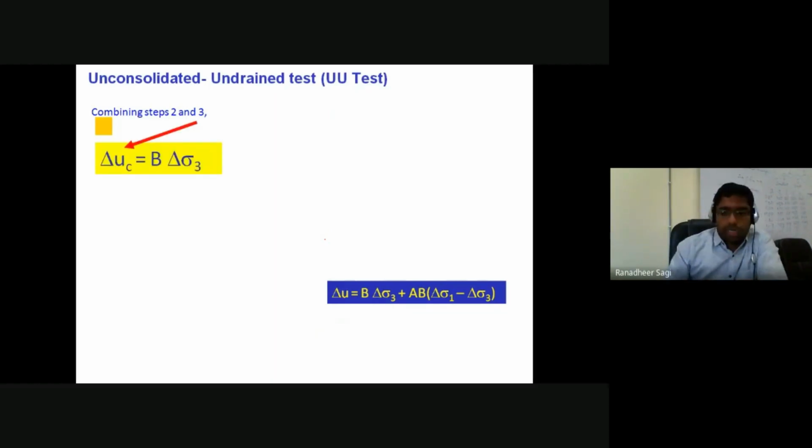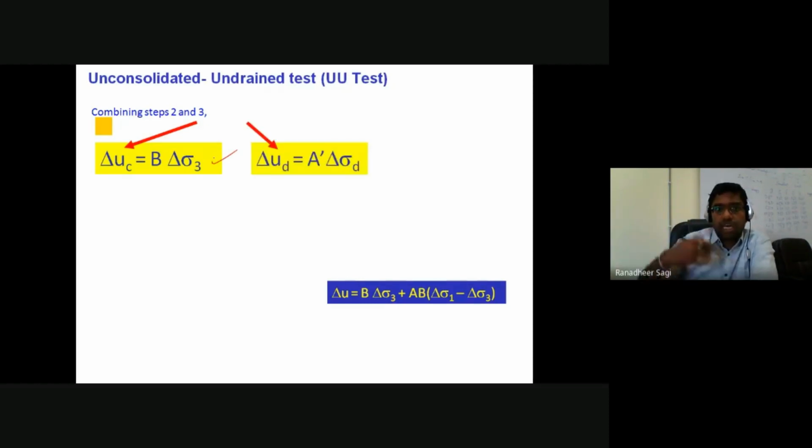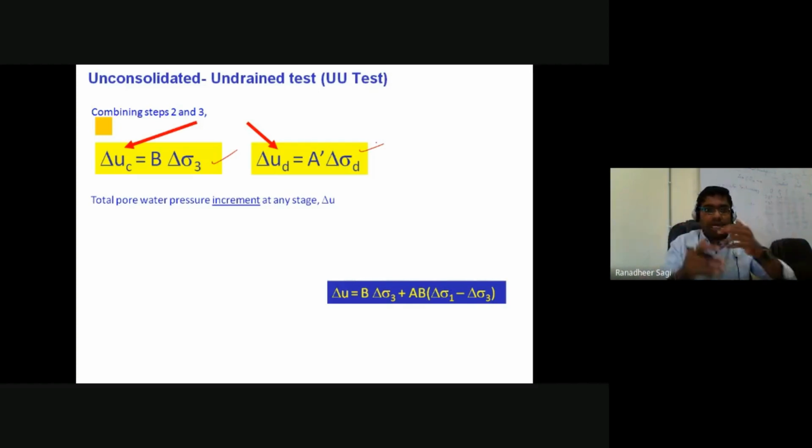I'll be showing you. So when cell pressure is applied, this much increment in pore water pressure is coming into picture. The excess pore water pressure additionally getting developed because of the applied confining pressure is what we understand as delta UC. And because of the applied deviatoric stress, the additional increment in pore water pressure we are coming across is what we are representing as A dash into delta sigma D. The total pore water pressure increment that you come across at any stage of your UU test is because of your applied confining pressure as well as the increment in deviatoric stress on your soil sample.